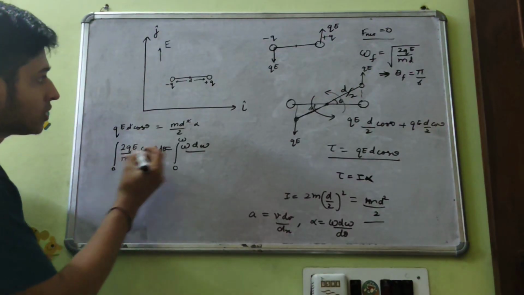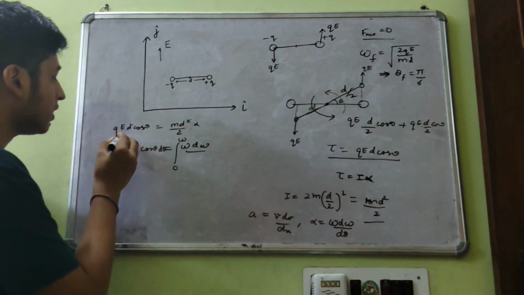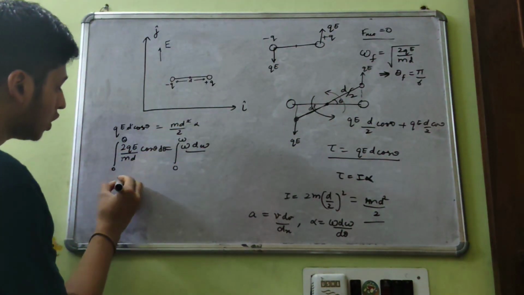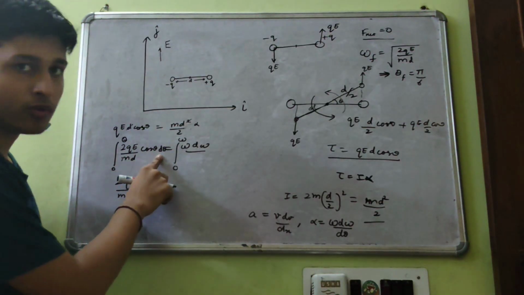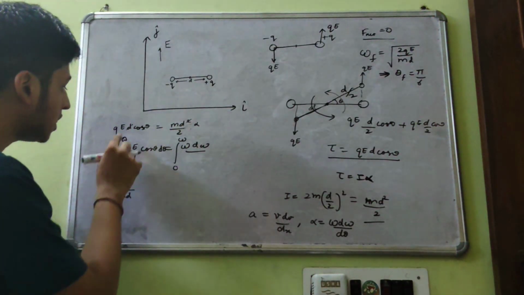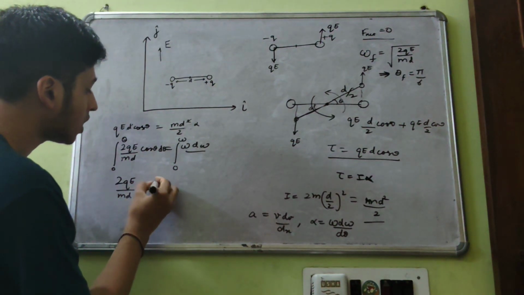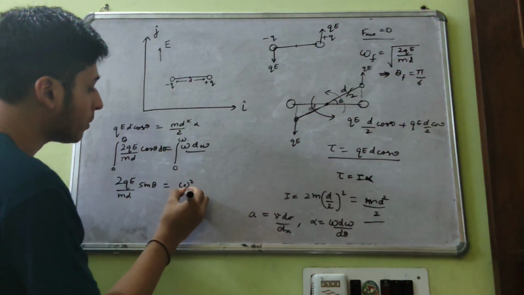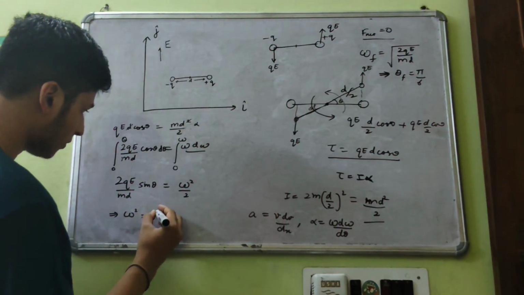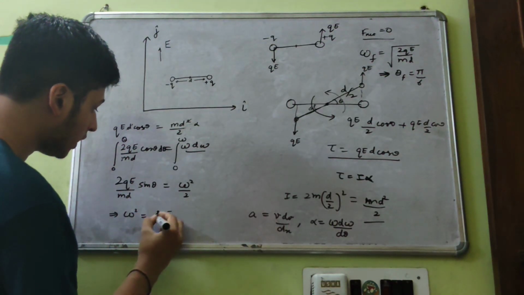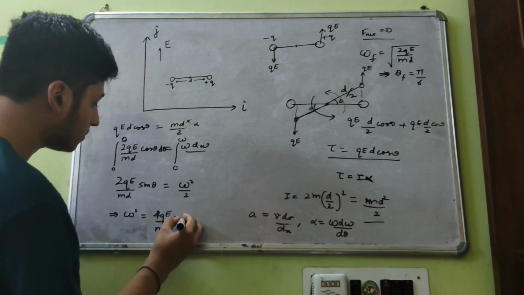Initially the angle was 0 and finally it is theta. 2 QE by md, integration of cos theta d theta is sin theta from 0 to theta, so sin theta equals omega square by 2. So omega square equals 4 QE by md sin theta.